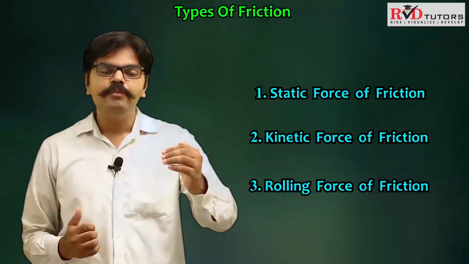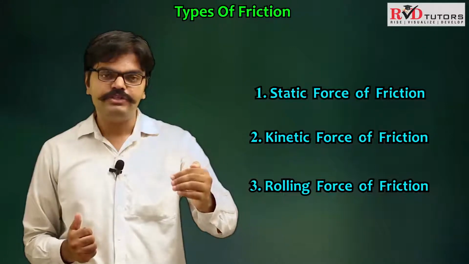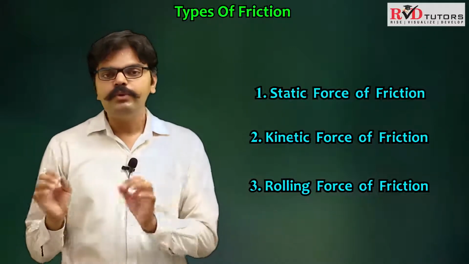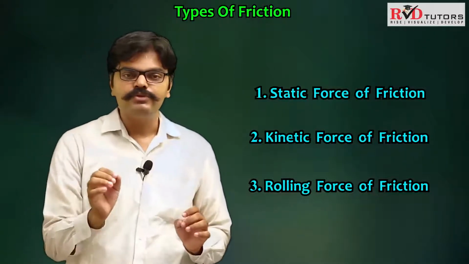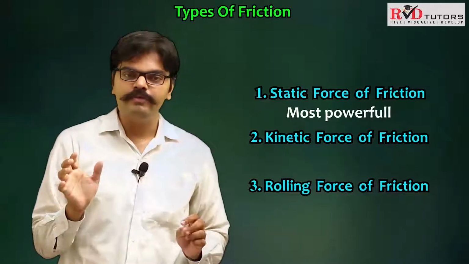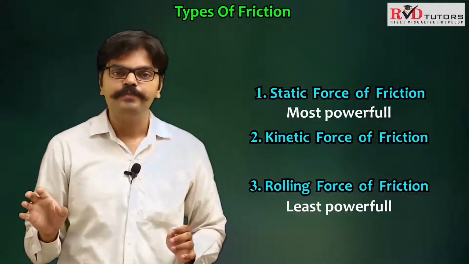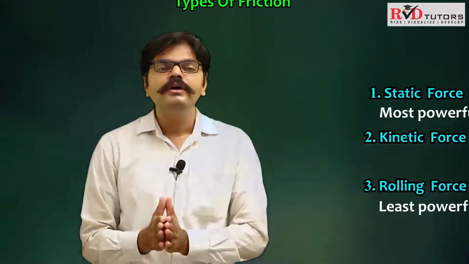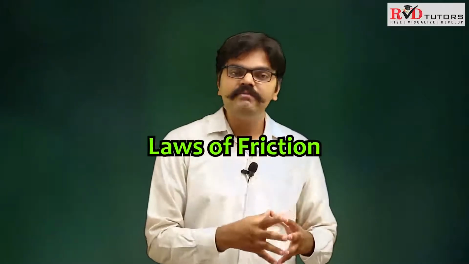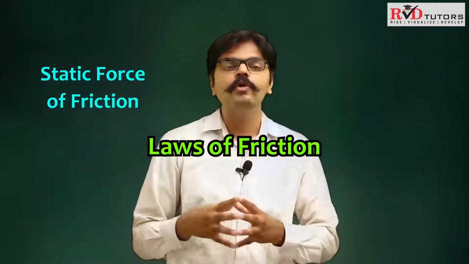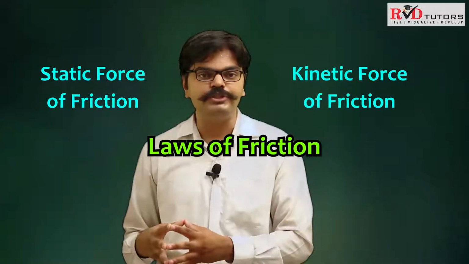As we move from static force of friction till rolling, we will come to know that static force of friction is the most powerful of them all, whereas rolling force of friction is the weakest among them all. So soon we will be proceeding ahead to understand which are the laws that govern static force of friction and what are the laws behind kinetic force of friction.